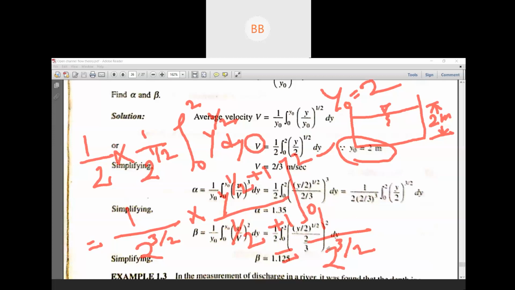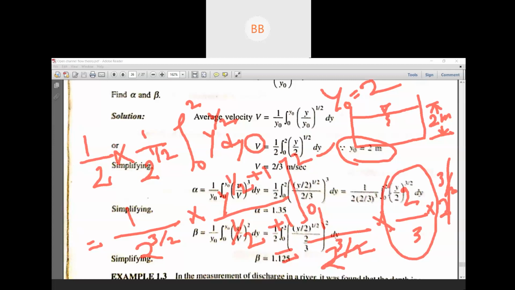Once you solve, this will come up as 2 by 3 multiplied by 2 to the power 3 by 2. This will be cancelled out, and what will be left is 2 by 3.